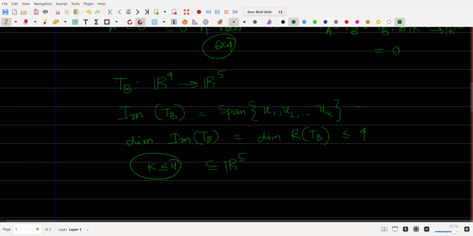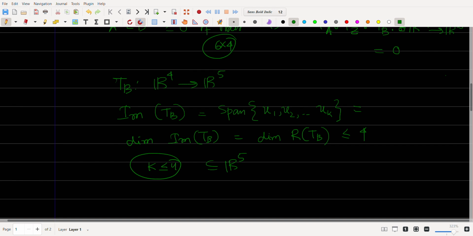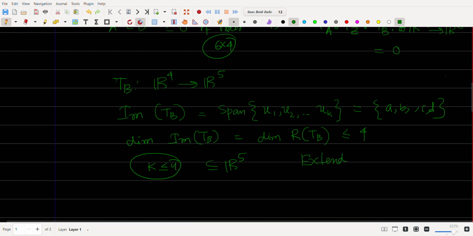So without loss of generality, assume that the rank is 4; you can take any rank less than or equal to 4. Say the basis of the image is A, B, C, D, and extend it with E to a basis of R5.